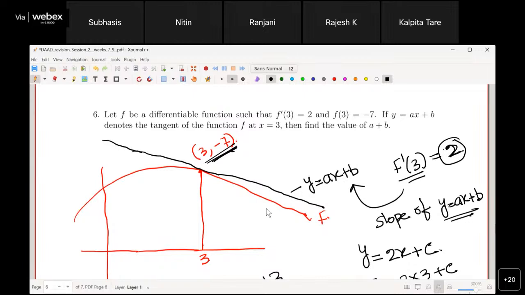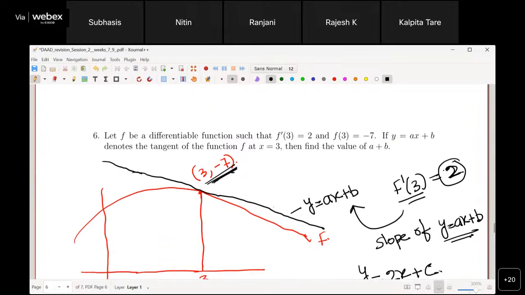In most of the cases, you need the slope of this line, and you need this point. If you know one of the points of the tangent and if you know the slope, then you can easily calculate the equation of the tangent. Is it clear now? Question number 6. Yes, it's clear.